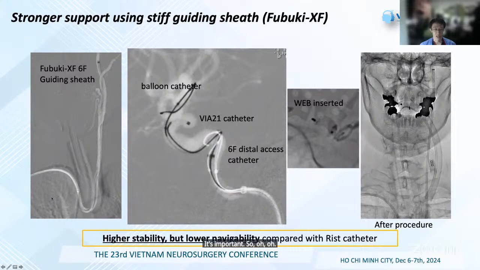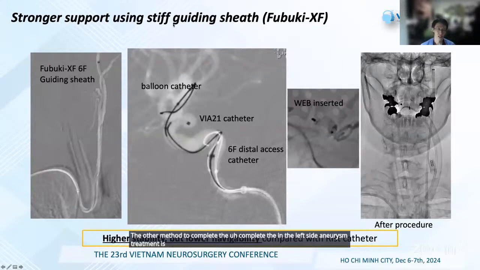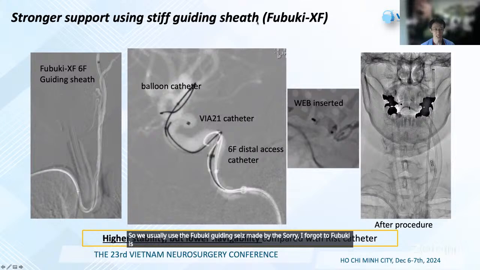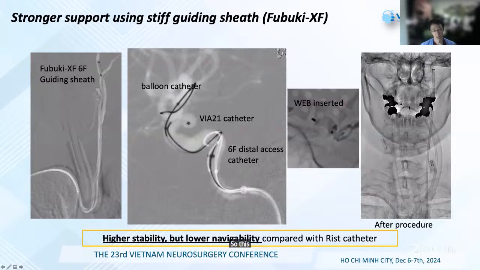This is the other case. The other method to complete left side aneurysm treatment is using stiff guiding sheaths. We usually use the Prof guiding sheath made by, sorry, I forgot, Medicos Hirata Corporation. This sheath is hard compared to the Wrist guiding catheter, so it has very strong support.